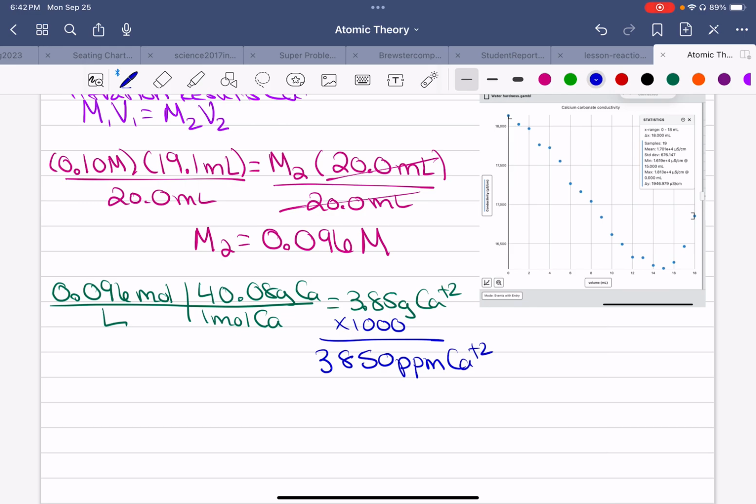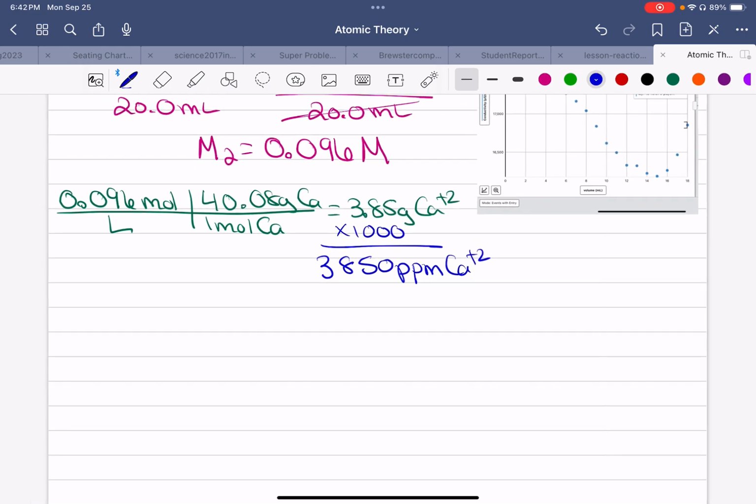Okay. And so the water sample was concentrated by a factor of 25. So when we look at our milliliters that we're using, it's by a factor of 25.